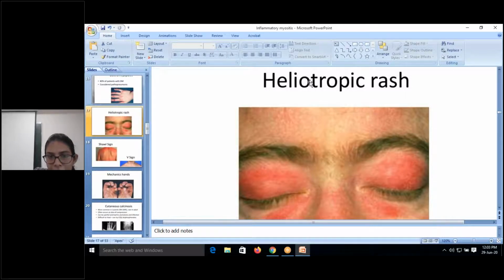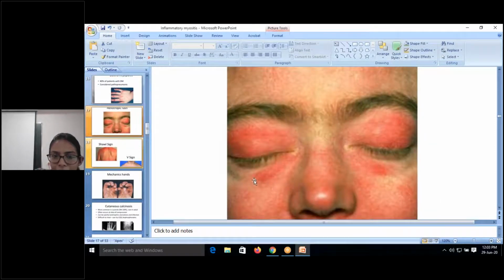What is heliotrope? Heliotrope is nothing but a violaceous flower. So from that you got this name. Around the eye, the periorbital area, you can have that rash, which is called heliotrope rash. If you see here also, it is there around the periorbital area.